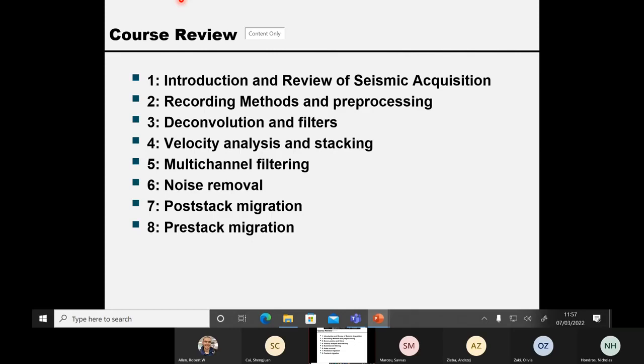When we're talking about acquisition, the sample interval delta t should be small enough to follow the Nyquist rate. So delta t should be smaller than Nyquist. So Nyquist is 1 over 2 delta t, the maximum frequency. Why do I mention that? Because when we do velocity analysis, there's also an aliasing issue when we do stack.